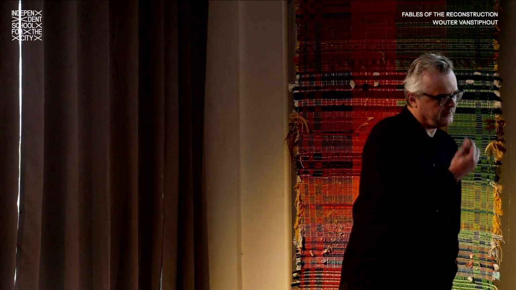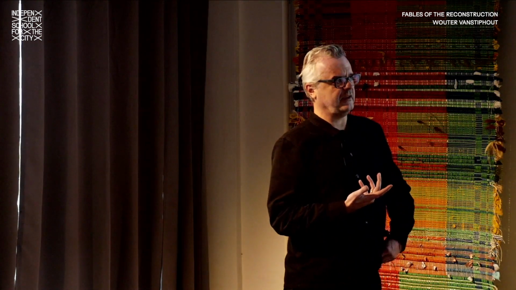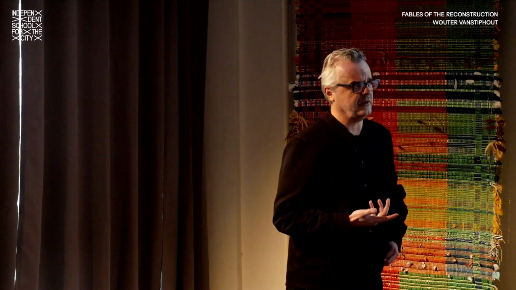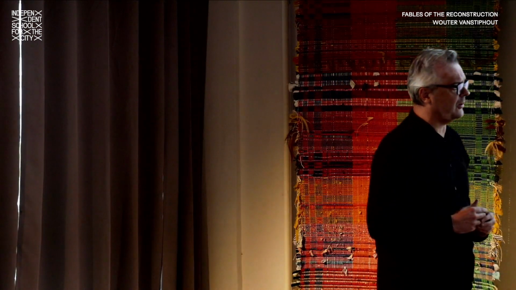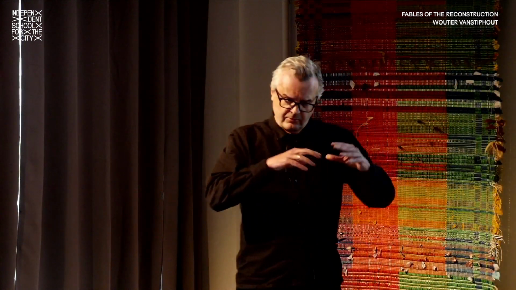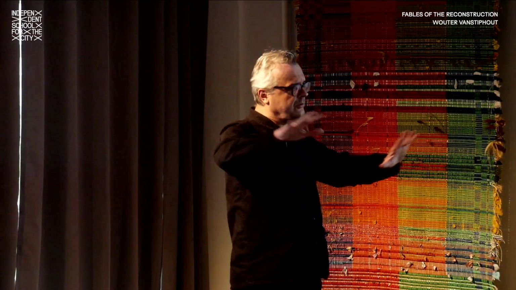So they then started a completely different project. You could say it's a kind of alternative reconstruction plan, and it was called a Home for All, because they saw that due to this destruction, the communities had spread out far away.